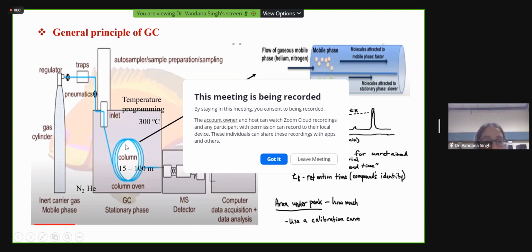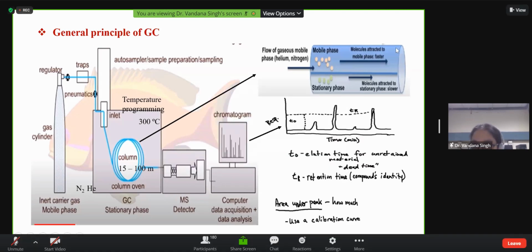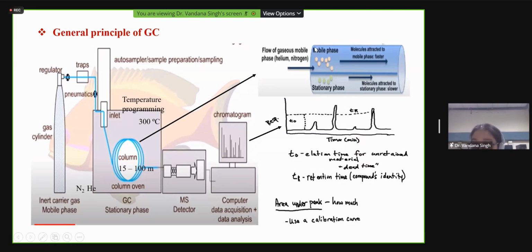Now the inner chemistry of this column is like this: the outside of the column is made of either glass, plastic or stainless steel, and on the inner side there is a support material, such as diatomaceous earth, which is very inert, provides a good surface area, and can absorb the liquid stationary phase very nicely.